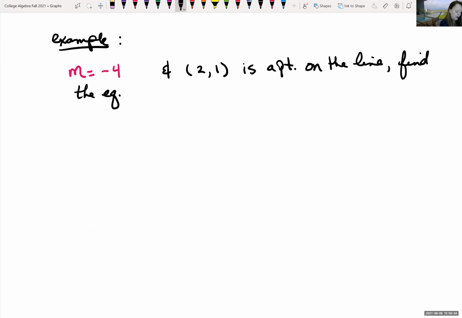Okay, so this is again where I said, and it's okay if you want to use that point slope formula, but we're gonna use our slope intercept form. So we're gonna first figure out what our y-intercept has to be, by plugging in what we have.